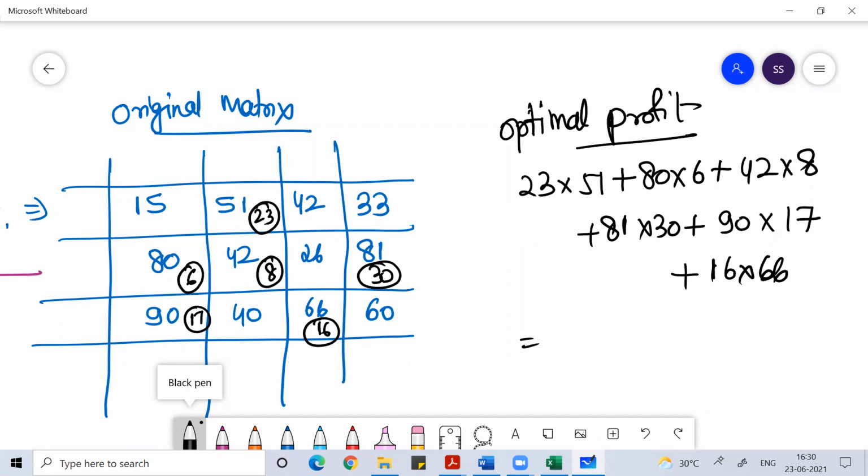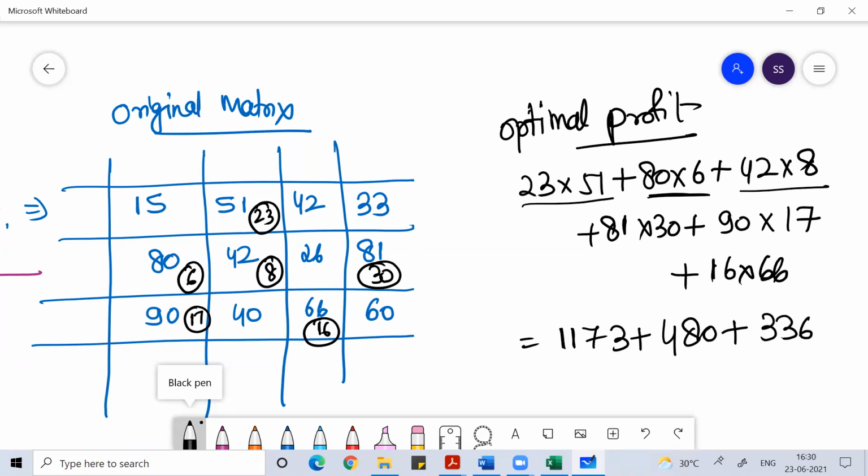So 23 into 51 is 1173. Then 80 into 6, 480. Then 42 into 8, 336.